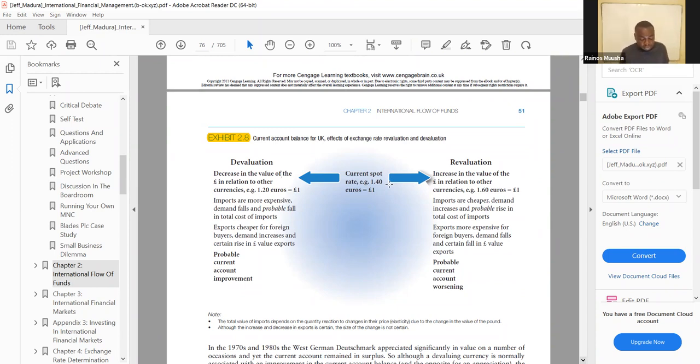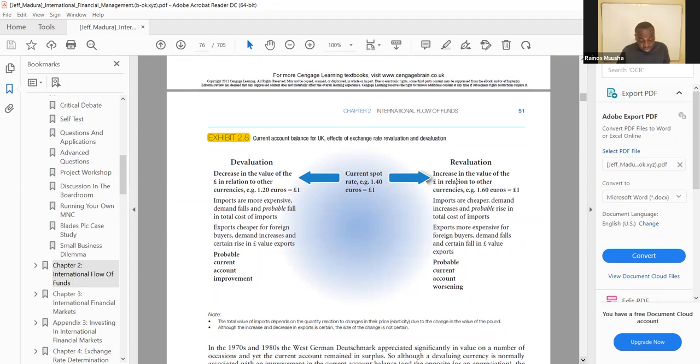Now, for 1 British pound, we are able to get 1.6 euros. So we get more euros than we had previously, which means the British pound is appreciating, because we can get more units of the foreign currency than before.